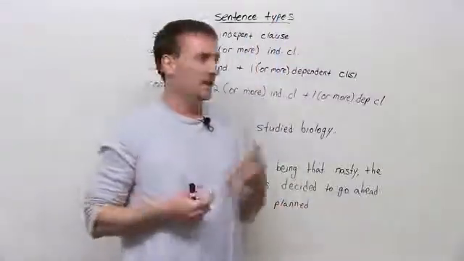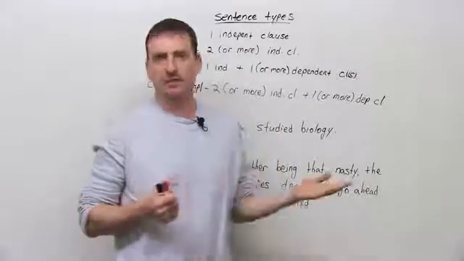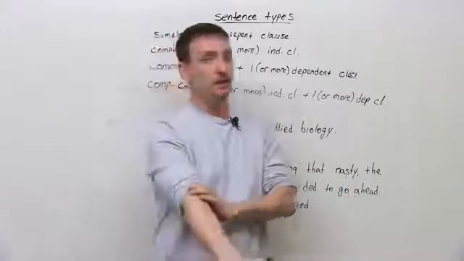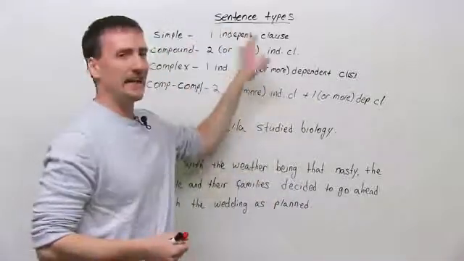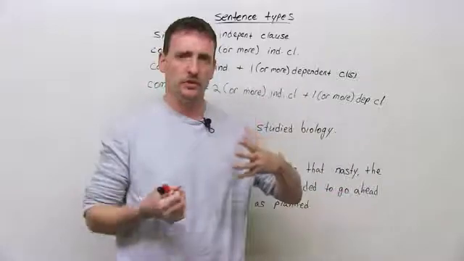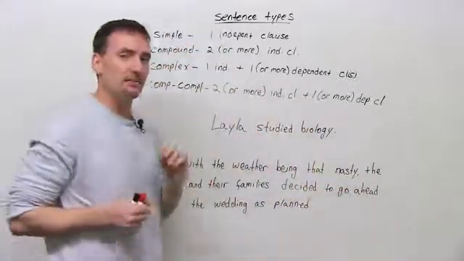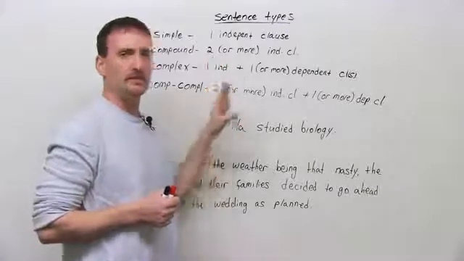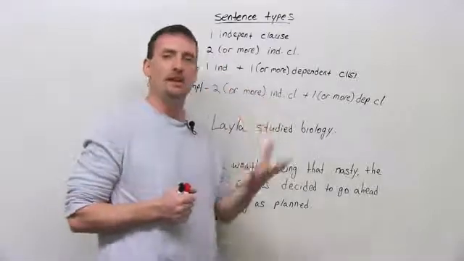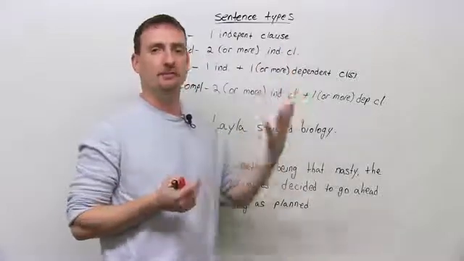I'm Adam. Today's lesson is a writing lesson, but it's also a spoken English lesson. It's about anything to do with English because we're going to be looking at sentence types. Of course, when you speak, you're using all kinds of sentence types, but especially in writing, it's important to know the different types of sentences because, especially if you're going to be writing tests, they want to see sentence variety.